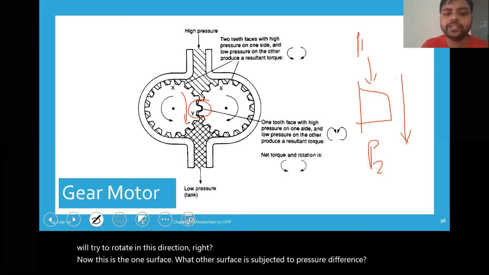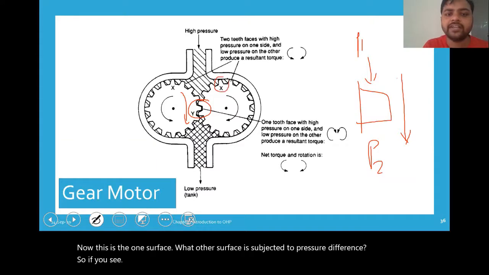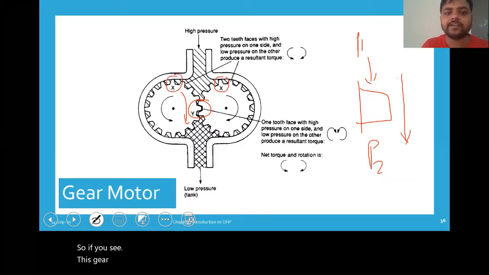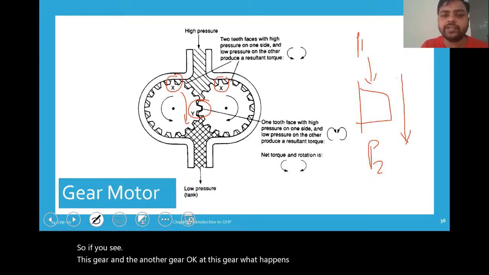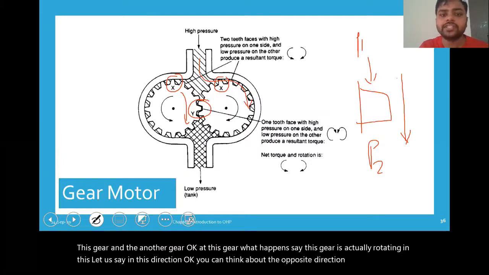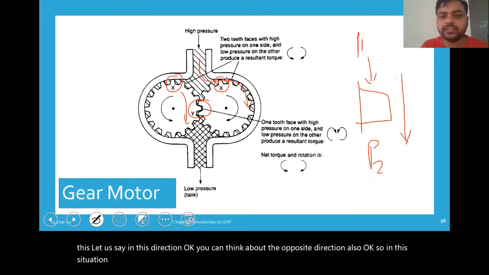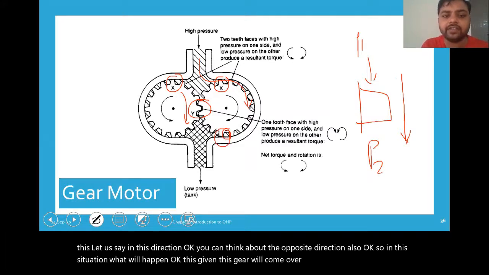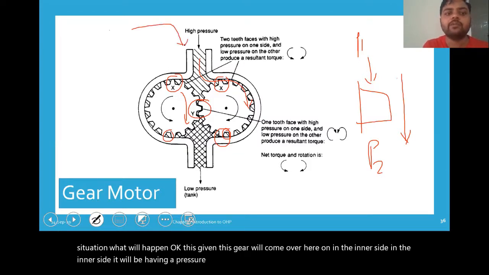If you see this gear and the other gear, say this gear is rotating in this direction. You can think about the opposite direction also. So what will happen? When this gear comes over here on the inner side, it will have a pressure equivalent to P1.